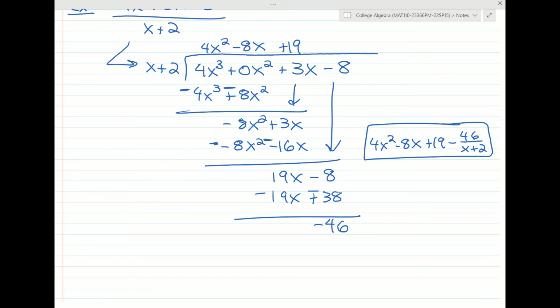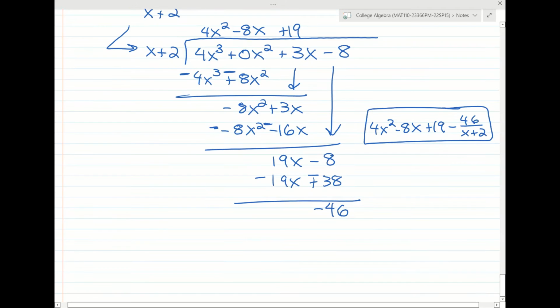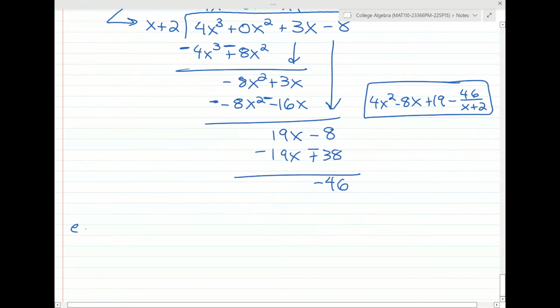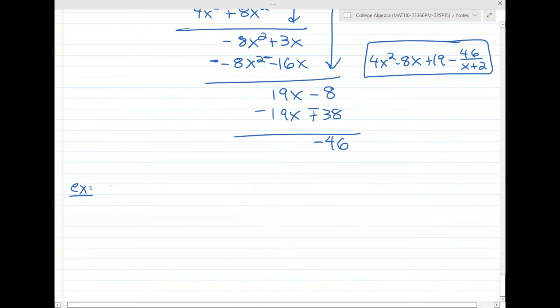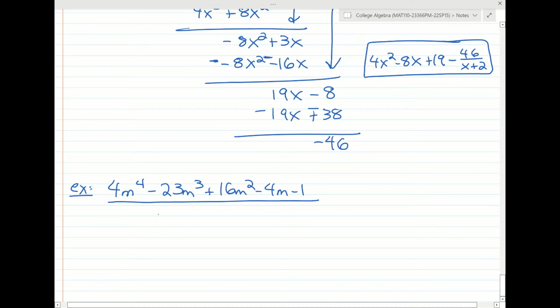We'll do one more of these. What if we had 4m to the fourth minus 23m to the third plus 16m squared minus 4m minus 1 divided by m squared minus 5m?